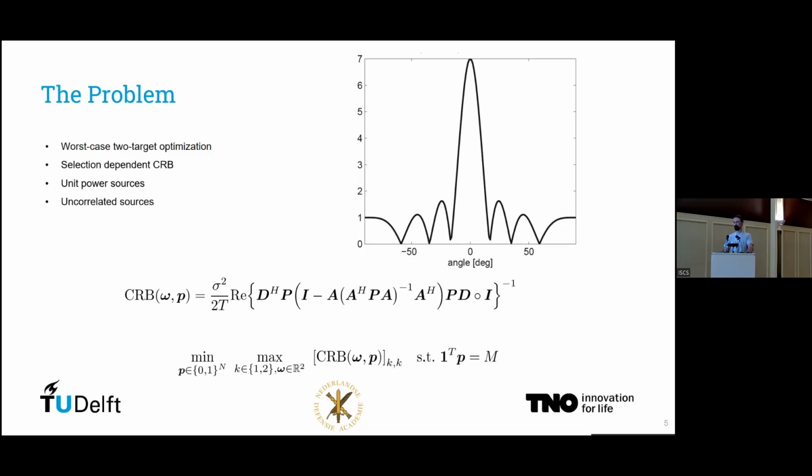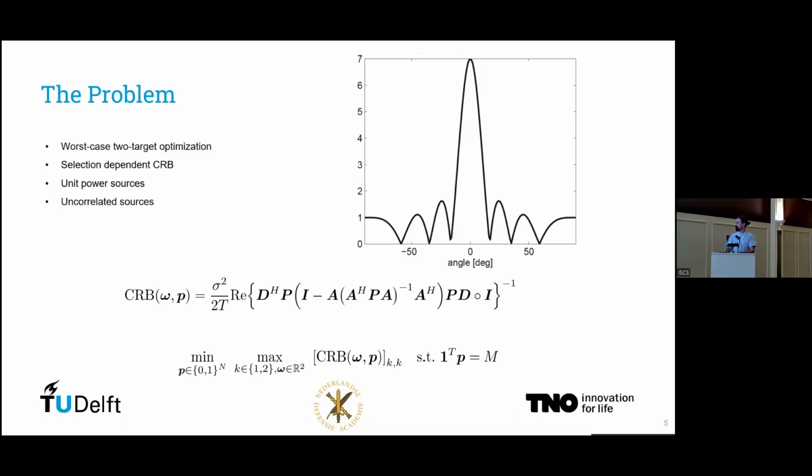So actually a lower Cramér-Rao bound is what we want, so we maximize the Cramér-Rao bound over the two targets and all possible angles of arrival. So we have the worst case over the angles, and the worst case between the two targets. That's still subject to a limit on the number of sensors that we can select.